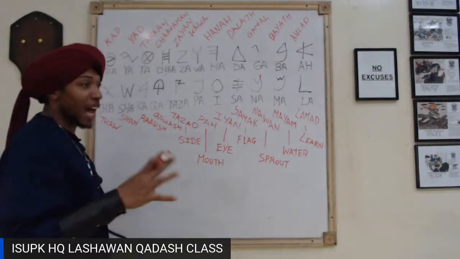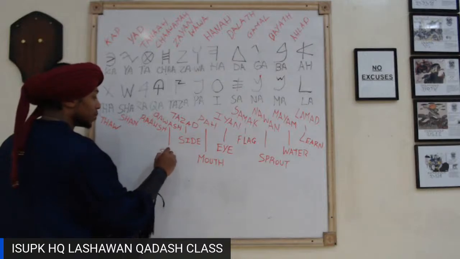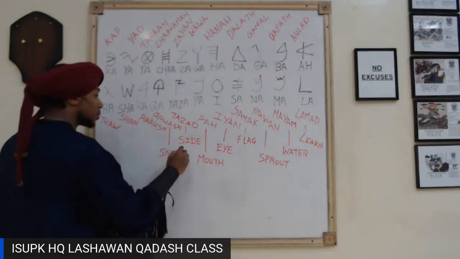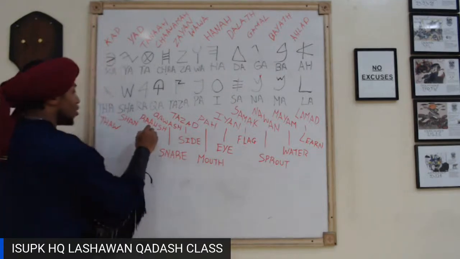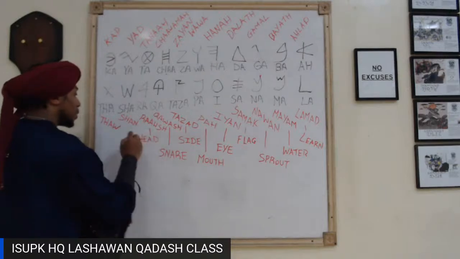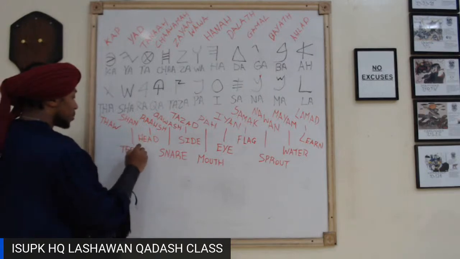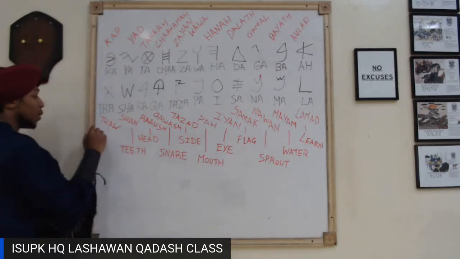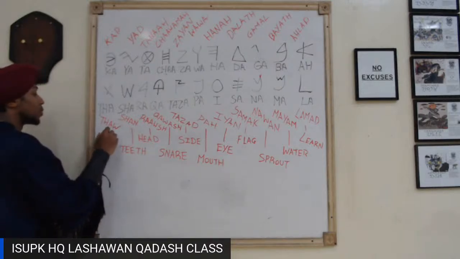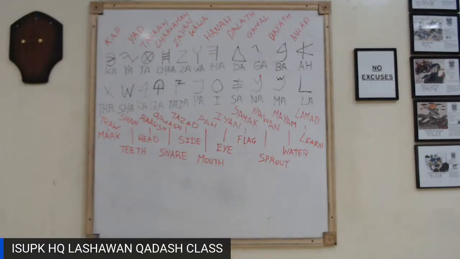Qawash is snare. Ra'ash is head. Shan is teeth. And Tau is mark. Okay, good. Understand it, right? Okay, good.